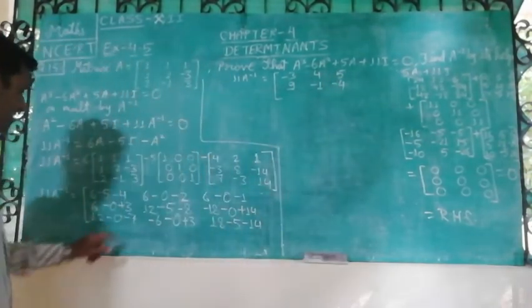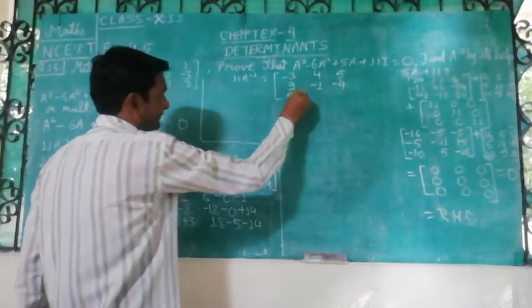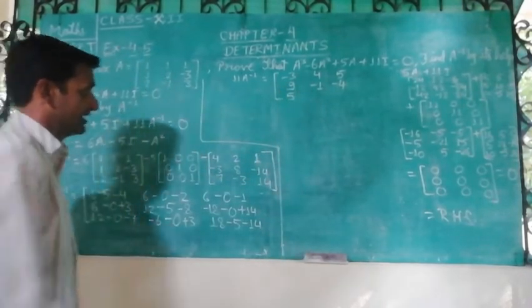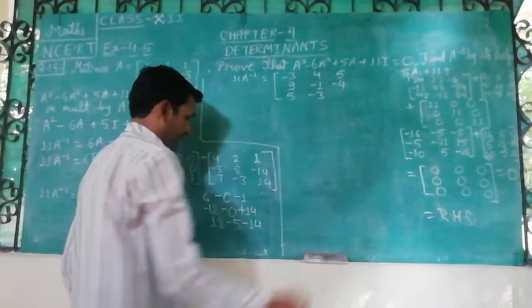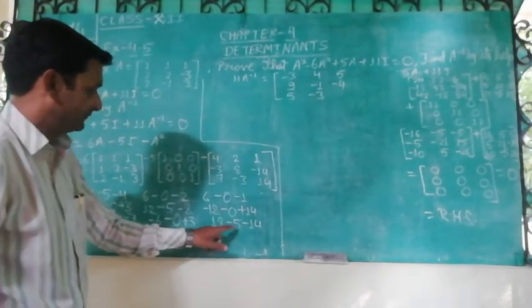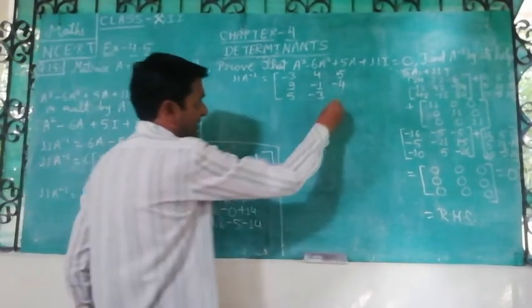Now 12 minus 7 is 5, minus 6 plus 3 is minus 3, and 18 minus 5 is 13, 13 minus 14 is minus 1.